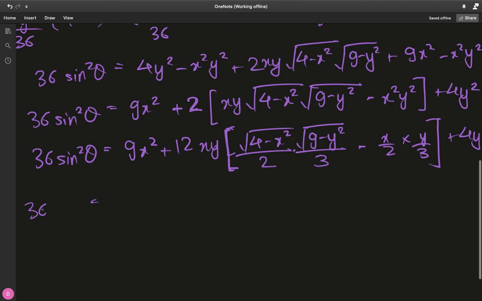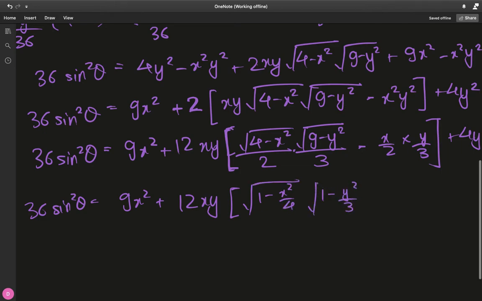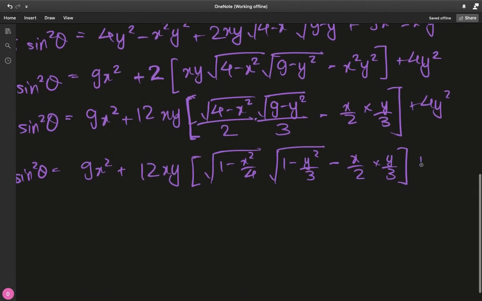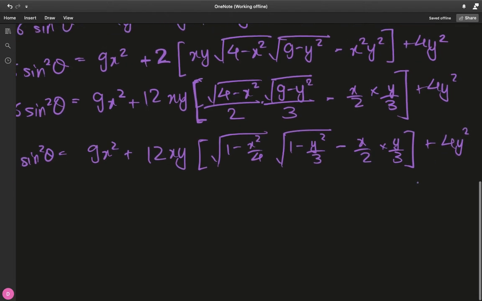So this turns out to be 36 sine squared theta equals 9x squared plus 12xy. We can take the 2 inside. We get square root of 1 minus x squared by 4, square root of 1 minus y squared by 9, minus x by 2 times y by 3, plus 4y squared.